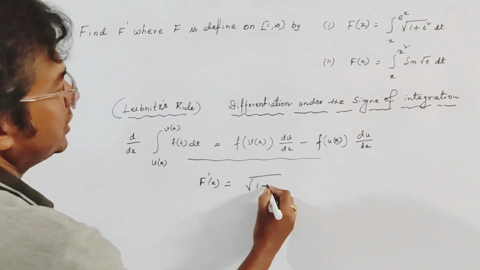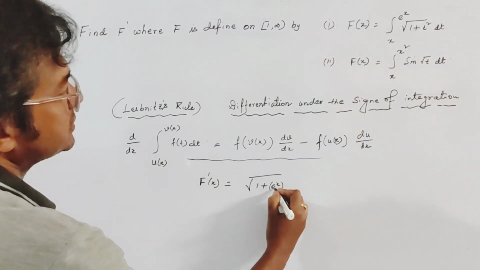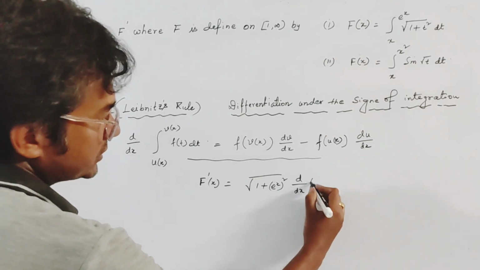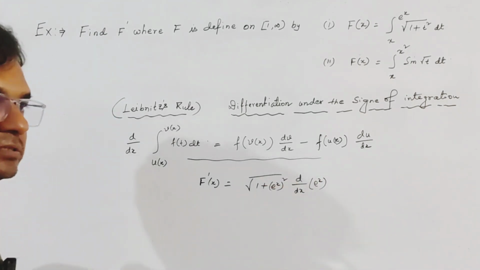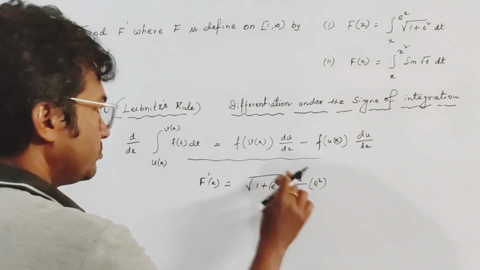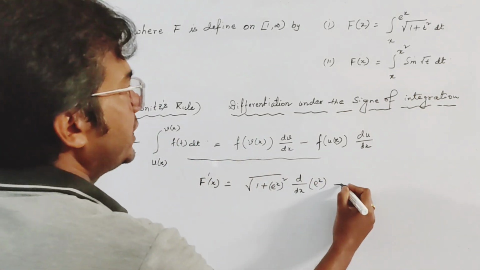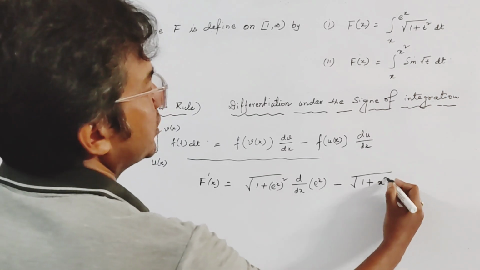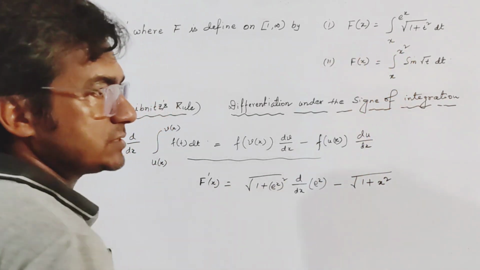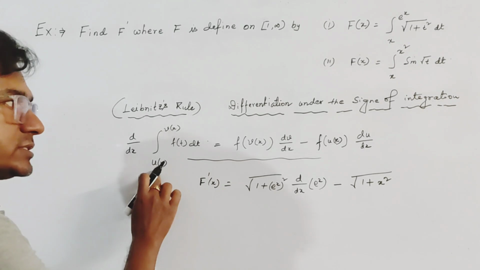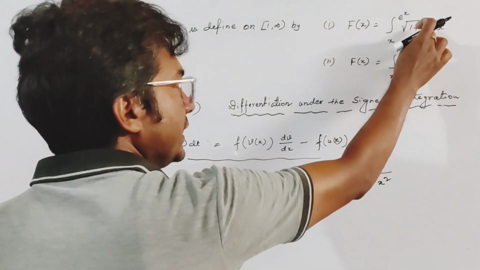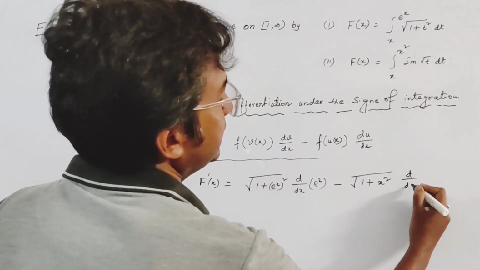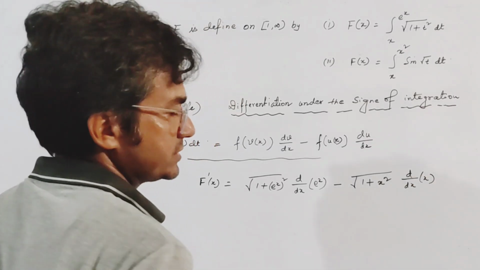So this is (1 plus e to the power x) whole square times d/dx of e to the power x, because this is v(x) here, minus root under 1 plus x square, because the lower limit is x, here u(x), so we put x in place of t, times d/dx of x.